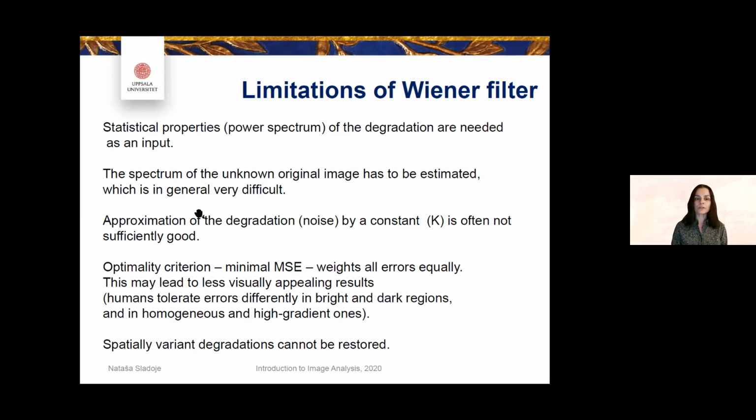Therefore, it reduces to an approximation of the degradation. Instead of exact values, we use constant k, and that may not be sufficiently good. That certainly brings us further from the ideal optimizer of the criterion that we wanted to satisfy.